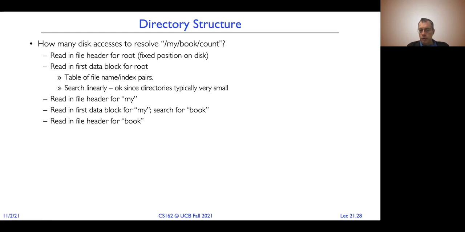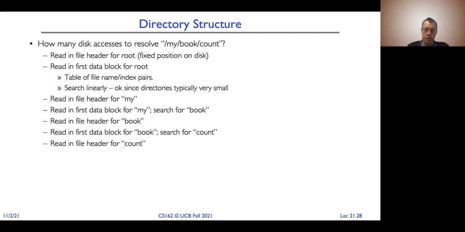You find the book entry, which has the file number associated with the book directory. You use that to read the header for book, and then you read the first data block for book. You search for count, you find count, you get the file number for count, you read the file header for count, and now you are done.